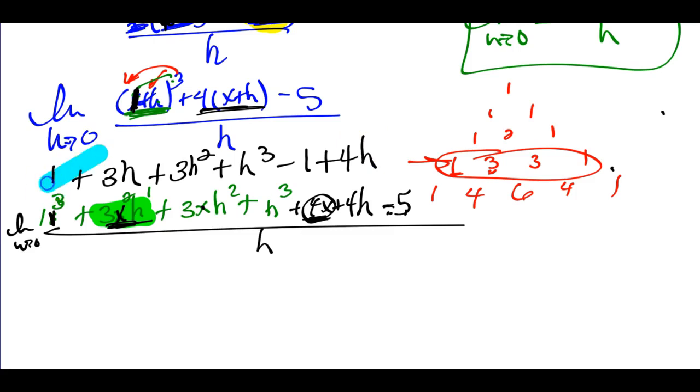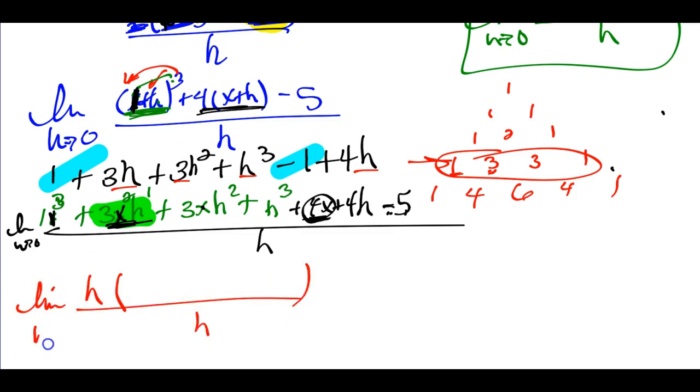It looks now that this 1 and this minus 1 are going to cancel. I'm left with all the terms with h's in it, so I can factor out an h, and this should always happen. This is why I knew I was stuck in the water, because the goal is to factor out the h's so I can evaluate the function at 0. So if I factor out an h from all of these terms, I'm left with just 3. Well, why don't we combine a little bit here, because I've got a 3h and a 4h.